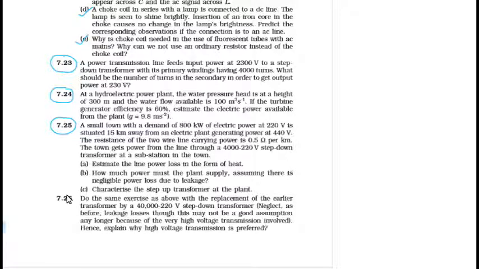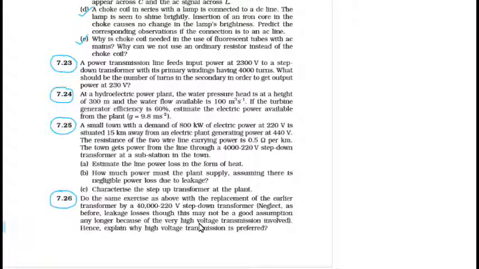And now we'll solve the last problem of this chapter, that is 7.26. Do the same exercise as above with the replacement of the earlier transformer by a 40,000 by 220 volt step down transformer.